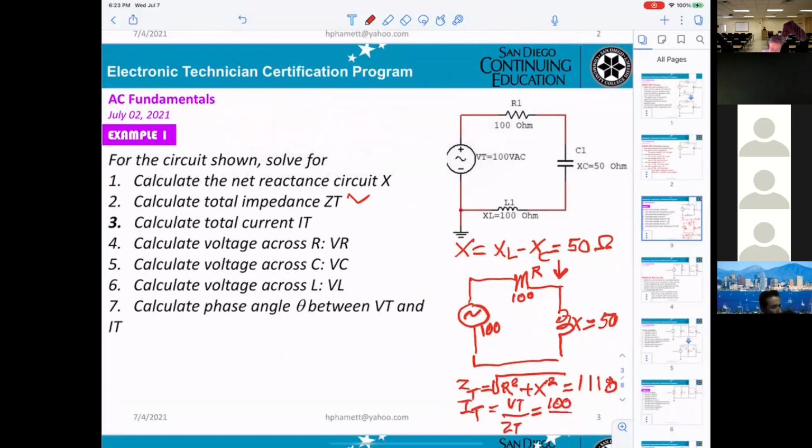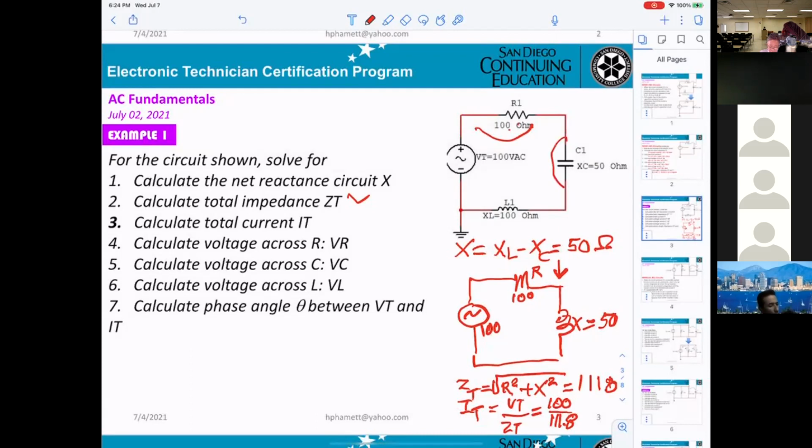Okay. And after you get the total current, no matter what, you want to calculate the voltage here, then take the value R times current.